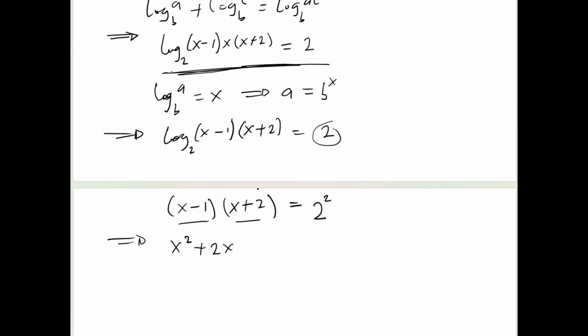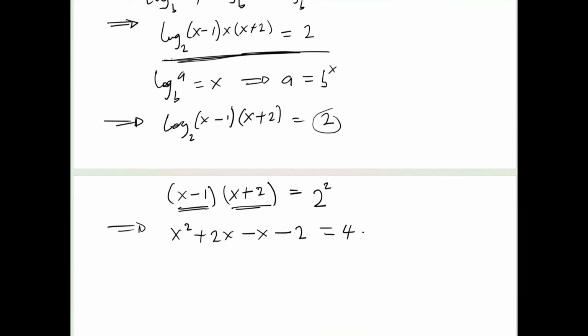Now the next thing is to take minus 1 and multiply it with the individual terms here. Minus 1 times x will be minus x, and minus 1 times plus 2 will give us minus 2. Everything equals 2 raised to the power of 2, which is 4.